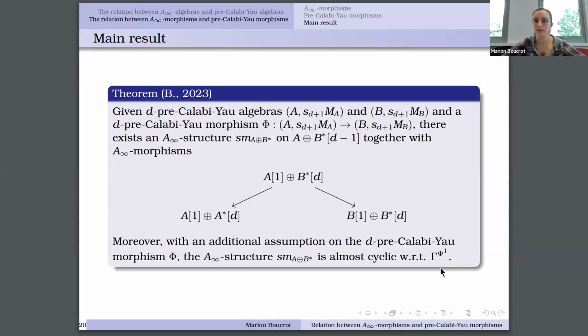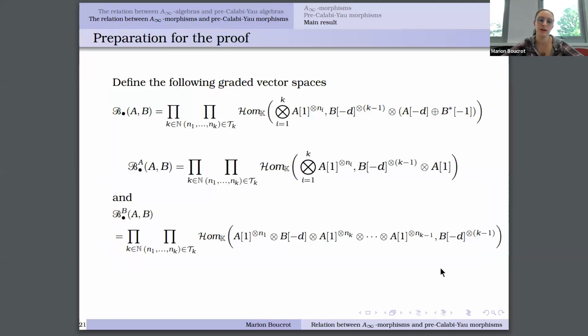So I will now sketch the proof of this theorem, and I will begin with some preliminaries for the proof. I will define three graded vector spaces. The first one, B of AB, is the product of graded vector spaces.